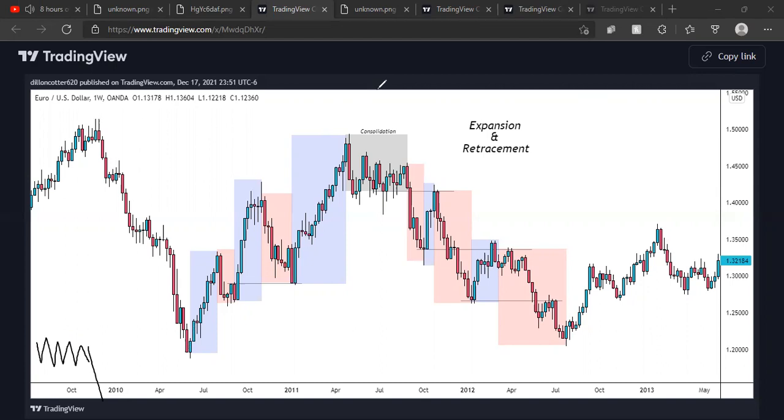Okay, let's do a bullish scenario here. So you would always start with consolidation, right?